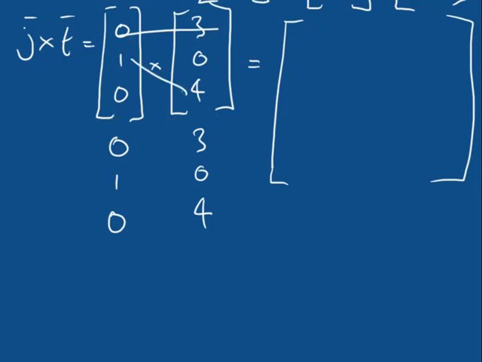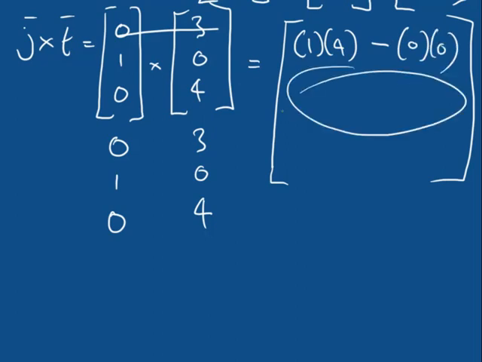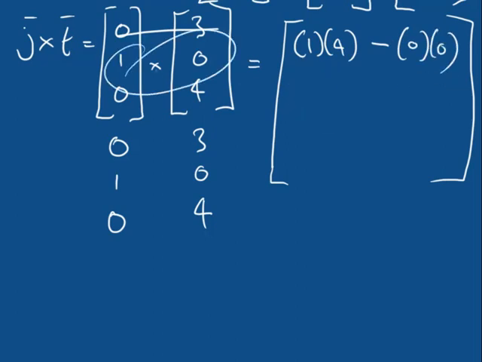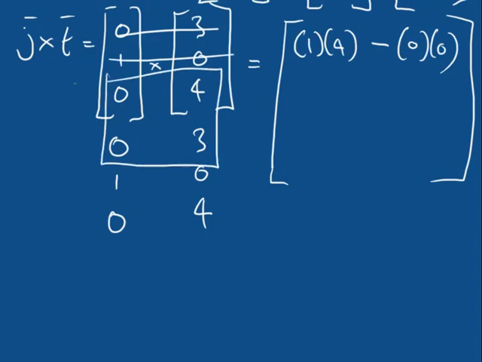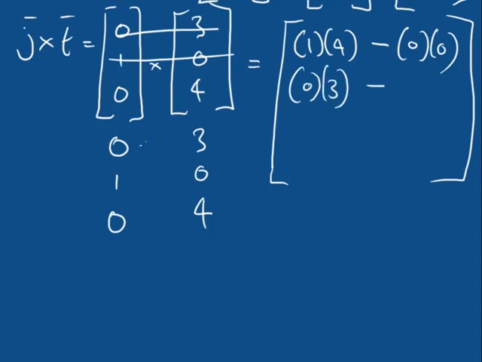Top left multiplied by bottom right, 1 multiplied by 4, minus bottom left multiplied by top right, minus 0 multiplied by 0. Second component, second row of numbers, put a cross through it, next 2 rows of numbers down, top left multiplied by bottom right, 0 multiplied by 3, minus bottom left by top right, 0 multiplied by 4.